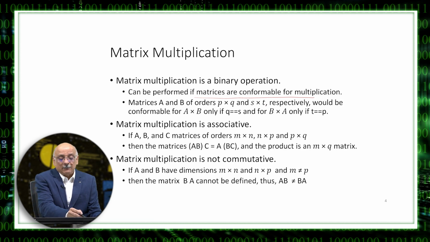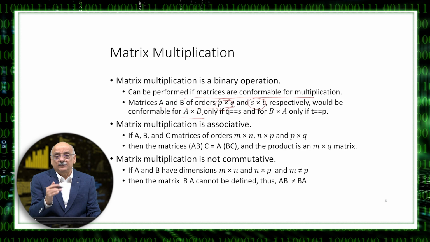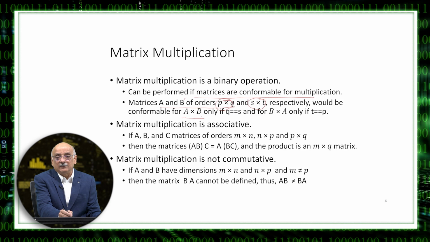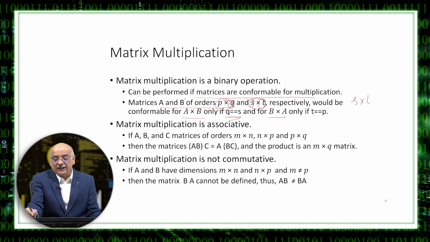Conformable means: suppose A is of order P cross Q and B is of order S cross T. Then A multiplied by B is possible when Q is equal to S. And if you want B multiplied by A, then T must equal P, because B is S cross T and it is to be multiplied with P cross Q.